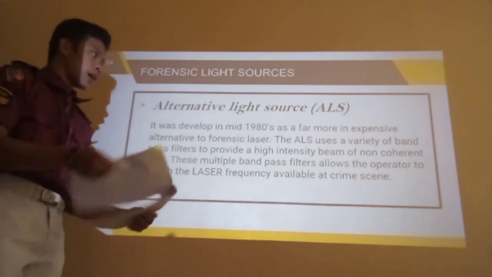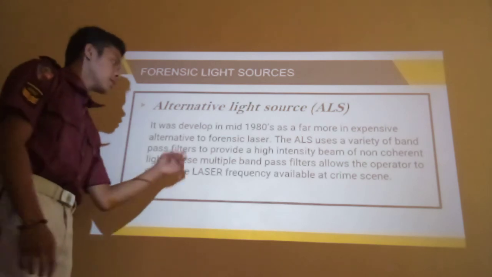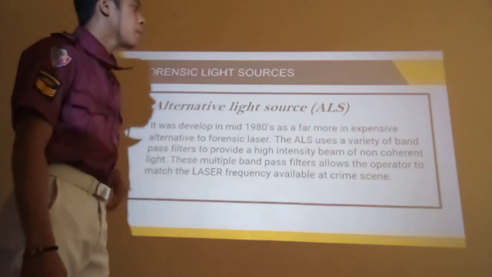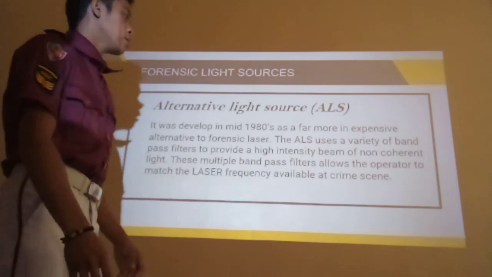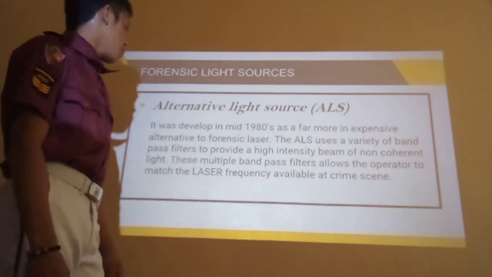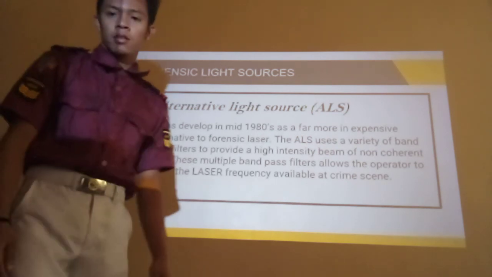The ALS uses a variety of band pass filters to provide a high-intensity beam of non-coherent light. These multiple band pass filters allow the operator to match the laser frequency available at the crime scene.